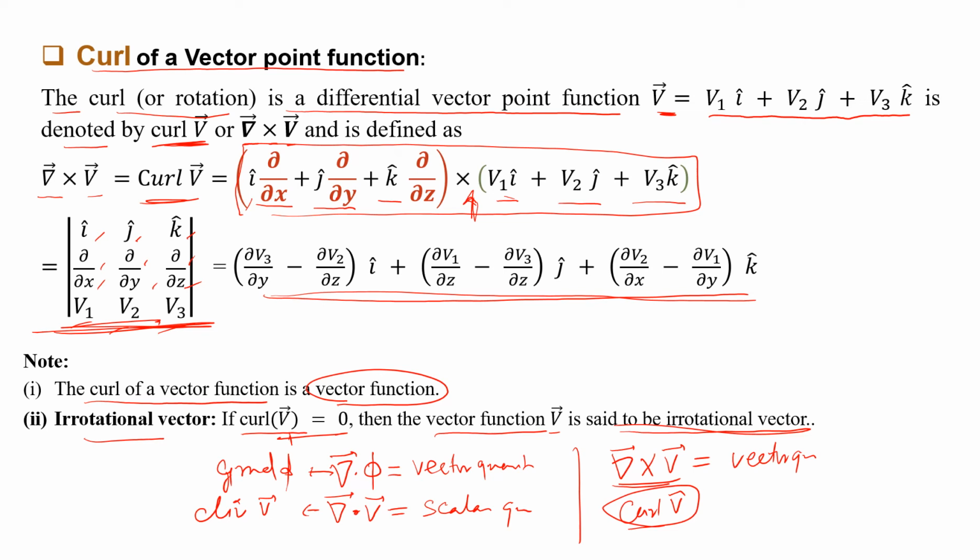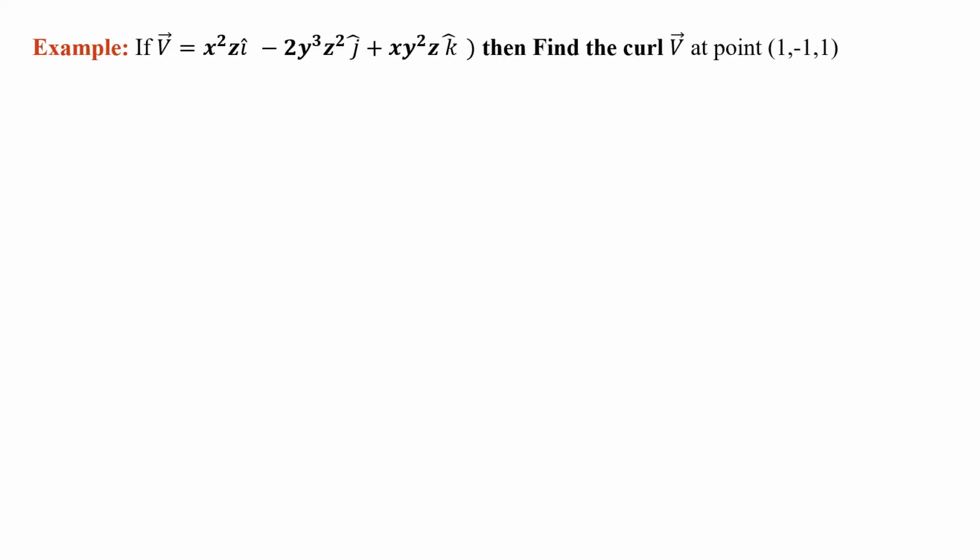So you have to remember these three points, that is gradient, divergence, and curl. In the example we are given a vector v, that is x squared z i, 2y cube z squared j, plus x y squared z k. Then we have to find the curl of that vector at the given point.